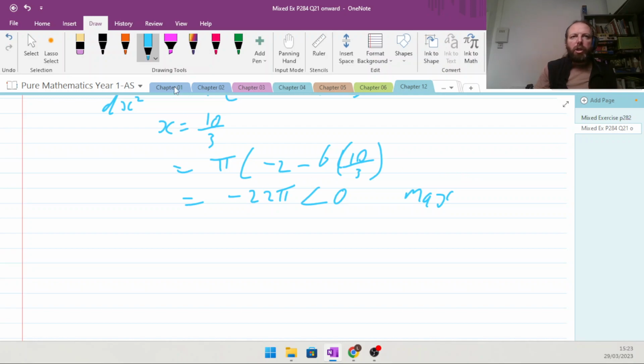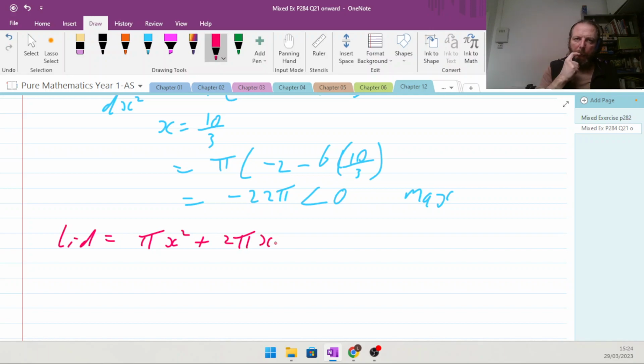Okay, so the lid is equal to pi x squared plus 2 pi x times 1.